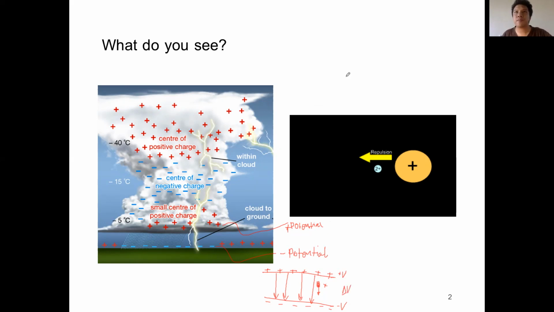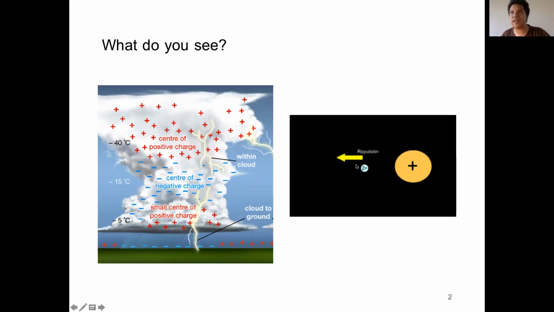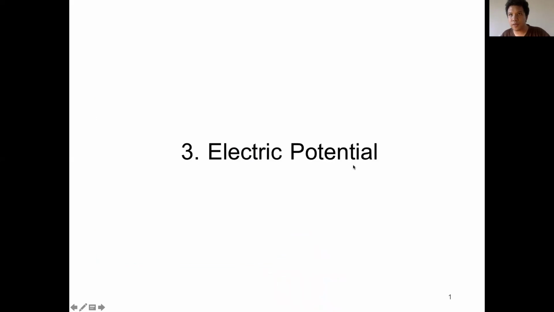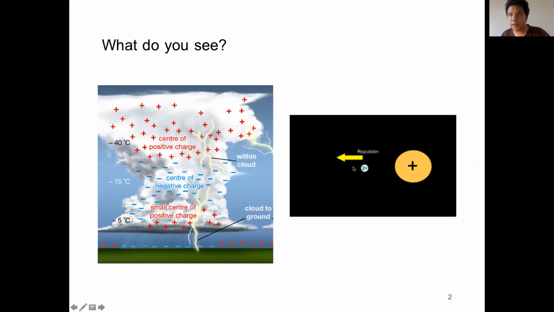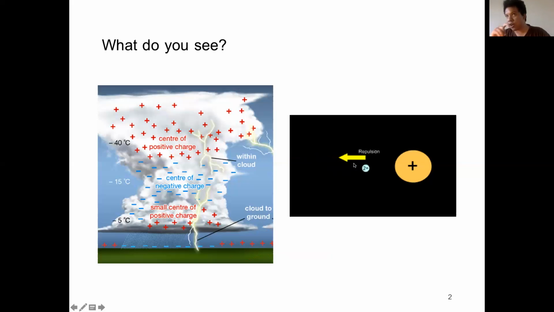Another concept that we talk about in this lecture is potential energy in terms of electric charge. Let's see how I would describe the potential energy again. Here I try to bring a positive charge closer to a positive charge. What happens?